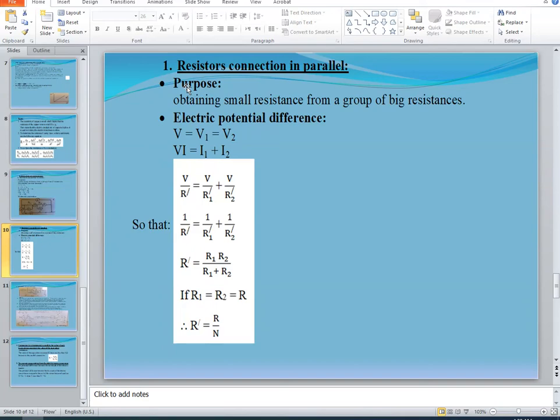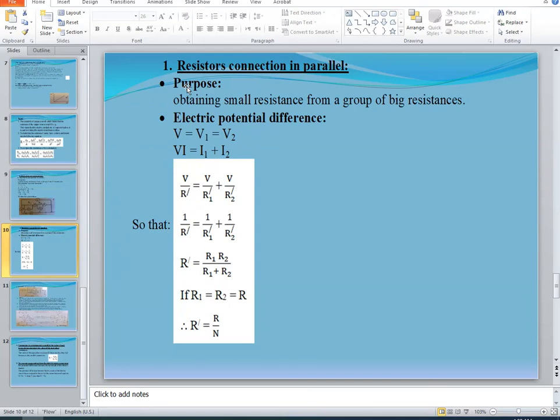This means that R total will be R1 R2 over R1 plus R2. This is the R total here. This is the rule of R total. If R1 equals R2 equals the same value, it's better to say R total equals R over N. But you can't use this rule unless the values of all the resistors are equal.